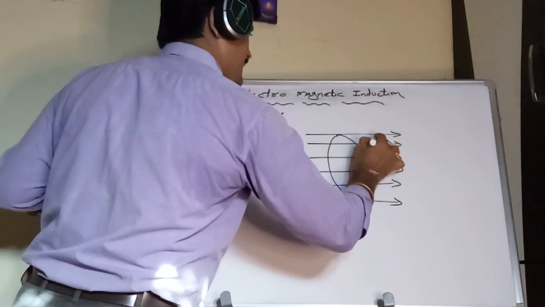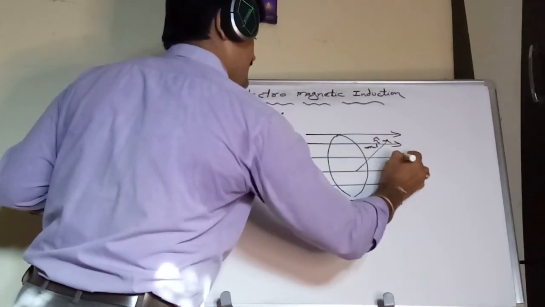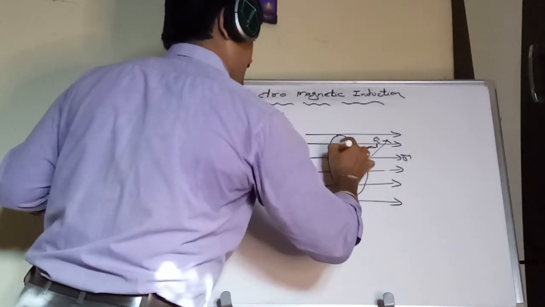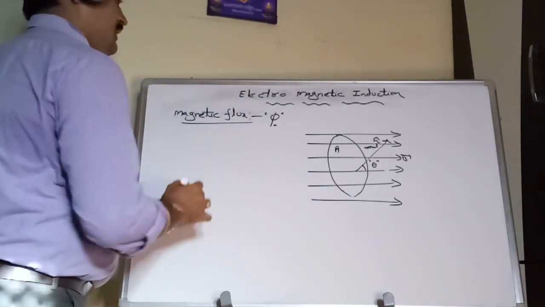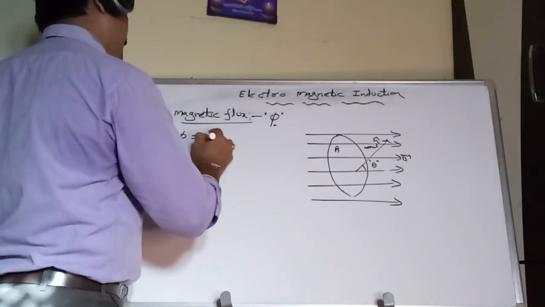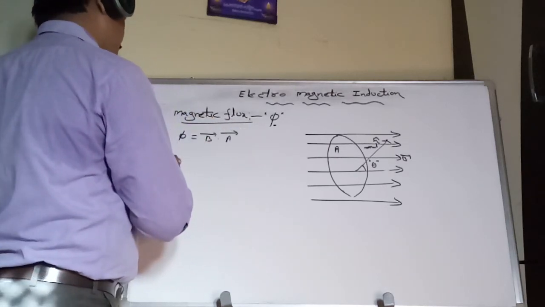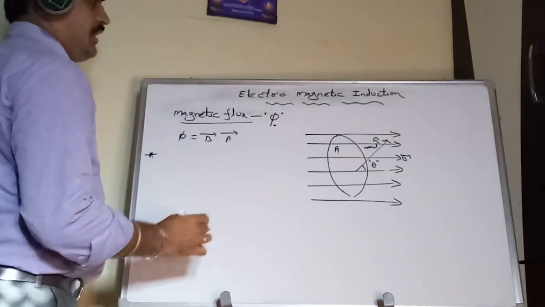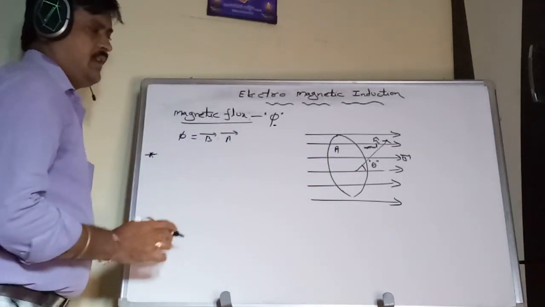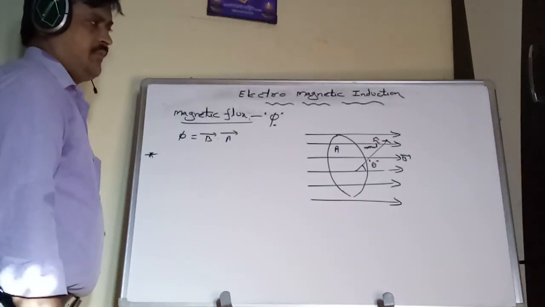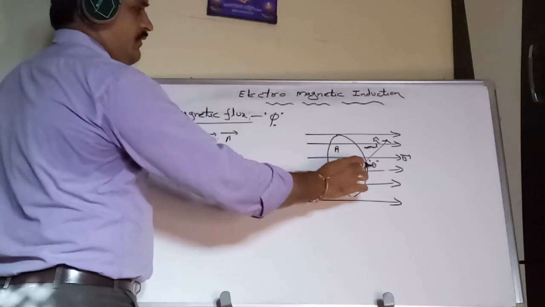Here n cap is a unit vector normal to the area, B bar is the magnetic field, and theta is the angle between them. So phi is equal to B bar dot A bar. A given area is placed in a uniform magnetic field such that the unit normal vector n cap makes an angle theta with B bar.